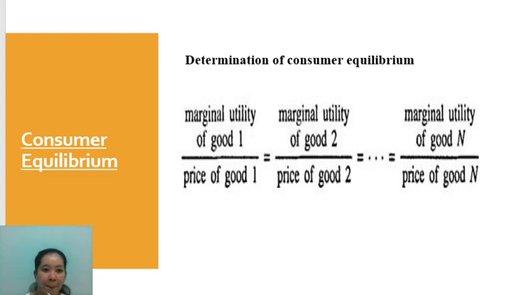Meaning to say, the consumer will reach a point in which, after he purchased more of the product number one, he gets most of the utility, but there will come a time that this utility or satisfaction will decline because of the law of diminishing returns. Probably he will be familiarized with the good, so there is no more excitement or satisfaction experienced by the consumer.